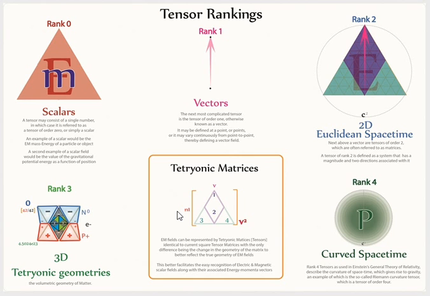Einstein's formulation goes into a lot of mathematics to describe what he's describing and modelling. Just quickly, I'll go through the geometric equivalents of the four tensor rankings that are in general relativity.